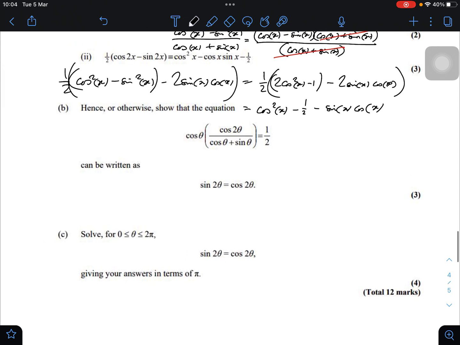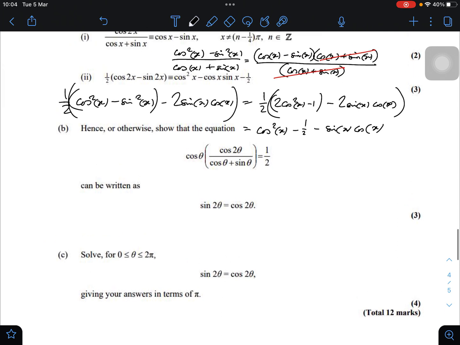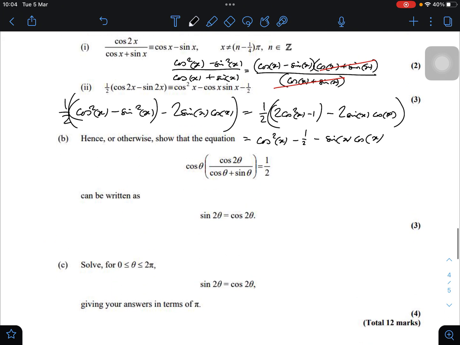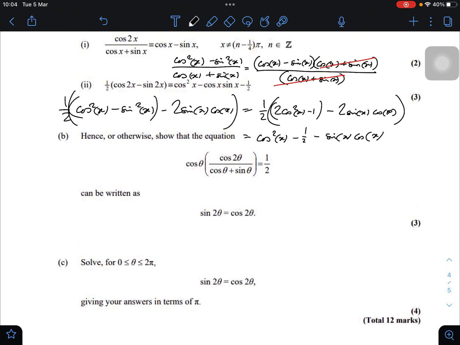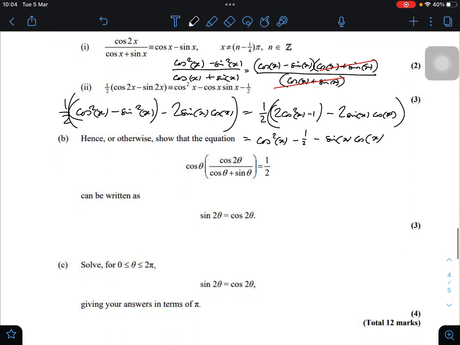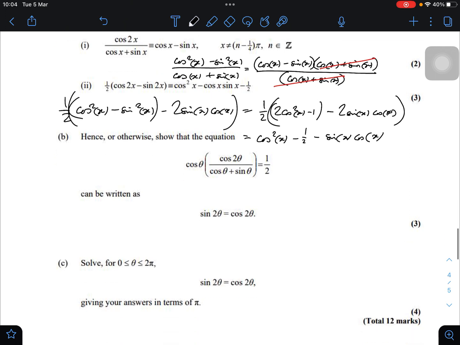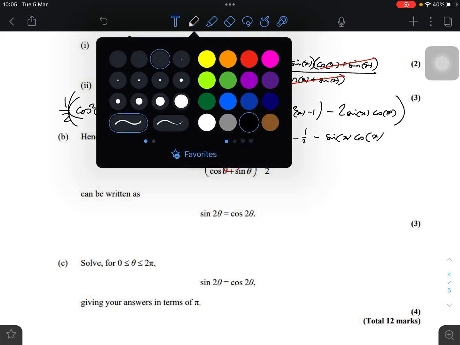Hence, in part B, hence or otherwise, show that the equation equals a half. Okay, well, we're going to use everything we just learnt. So using what we've just found out, this bit here is obviously part A of our question. And then let's see where we go from there.